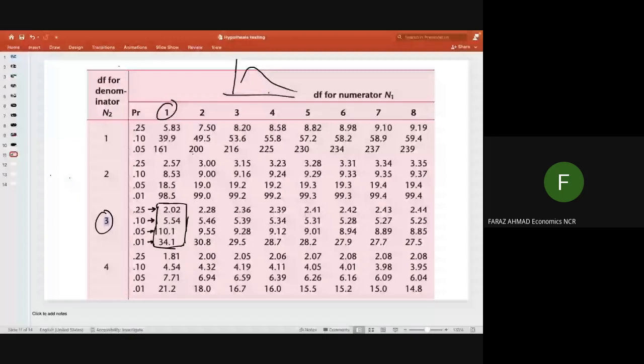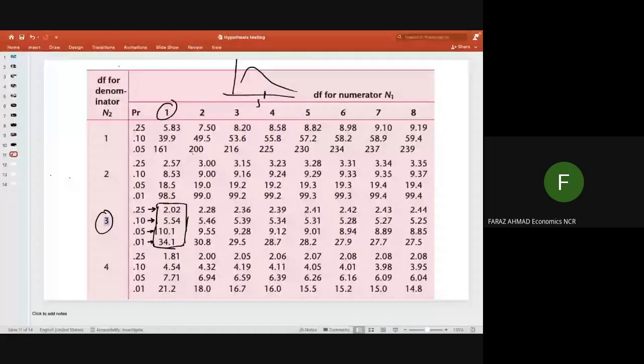Now you can understand from the logic that if this is the F distribution, you can think of 25%, 10%, 5% and 1% areas. So for the 10% area you can think of 5.54, and you can think of a value 10.1.